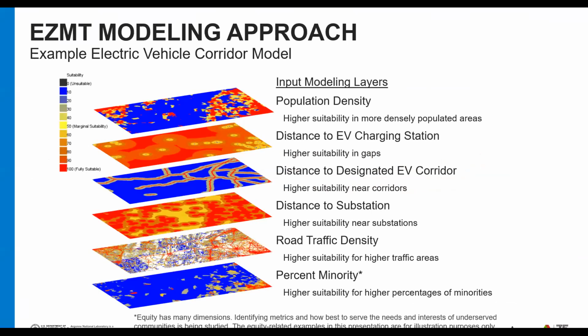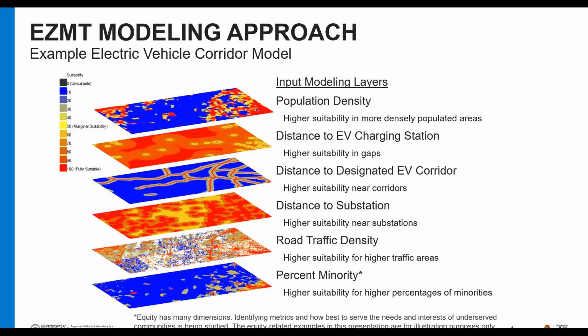Okay, so the modeling in the tool, I just want to give you a sense of what it does, how it works, and we'll be showing examples and showing a demo of it as well. So as a base, we have a range of suitability from 0, unsuitable, to 100, which would be fully suitable. And we have a series of layers that we can apply.